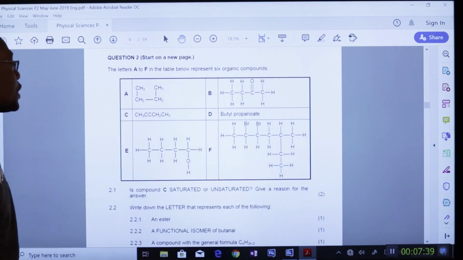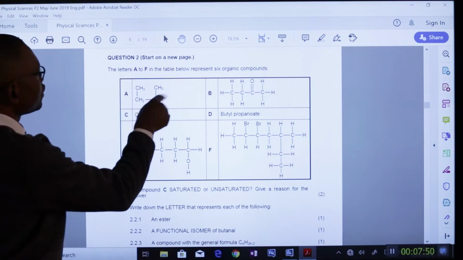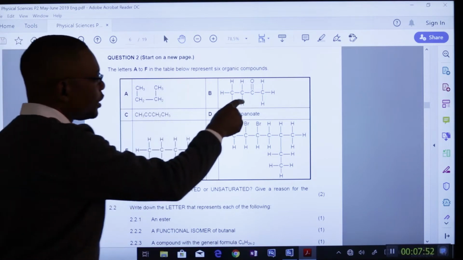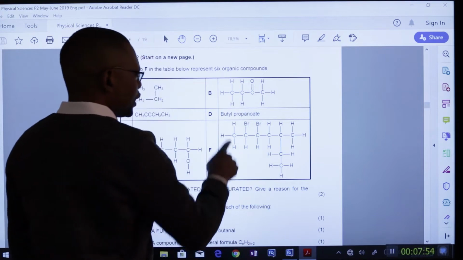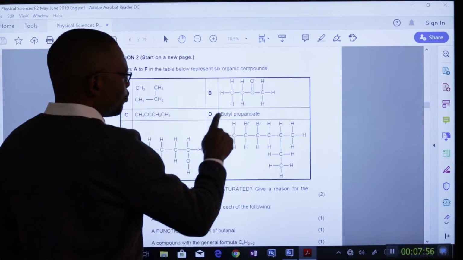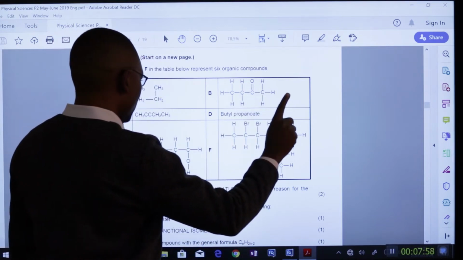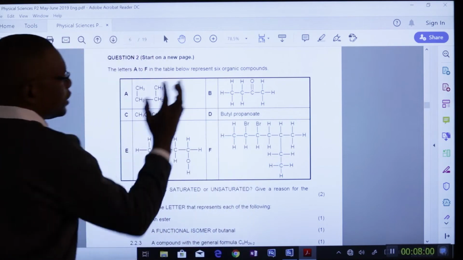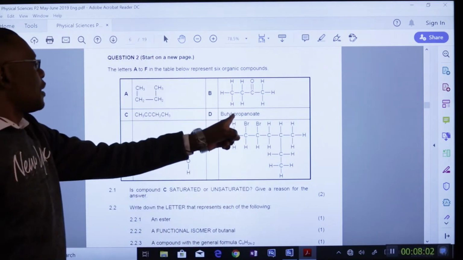An ester, we know that it has got a carbon-oxygen bond right in the middle of the carbon chain. So if you look at this, there is no oxygen there. On B, there is one, and even the name butyl propanoate tells you this.